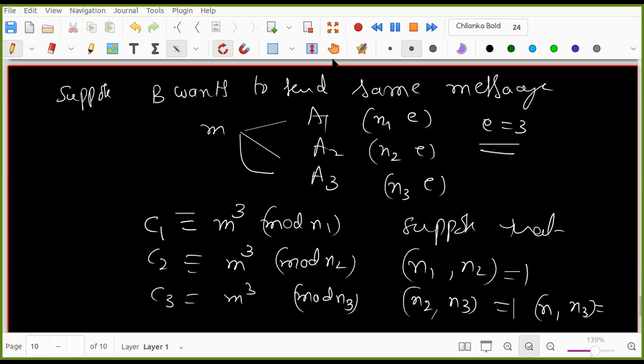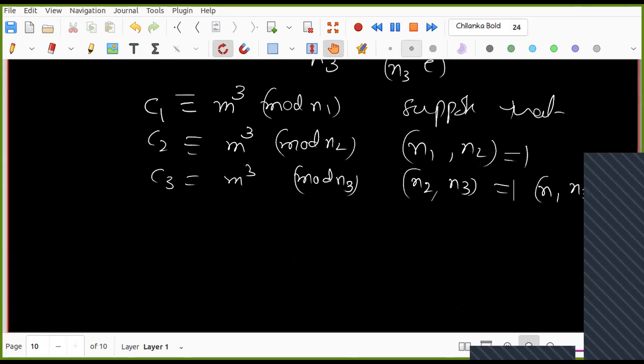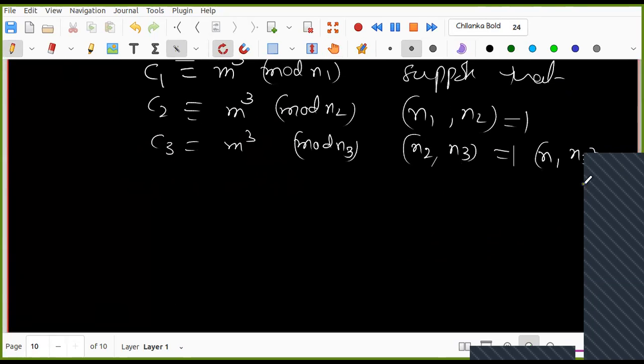There is always an adversary, right? What information does the adversary have? The adversary has C1, C2, C3. So can he get M now?